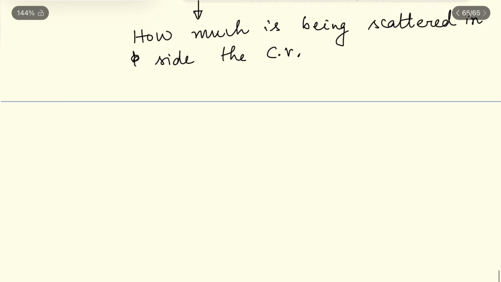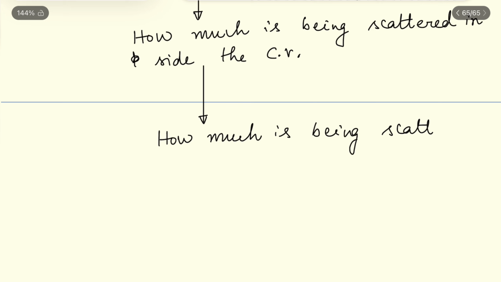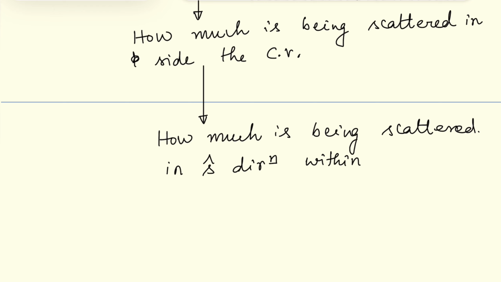Then I need to know how much is being scattered in S direction within solid angle d omega.